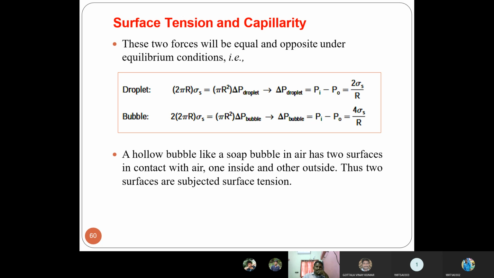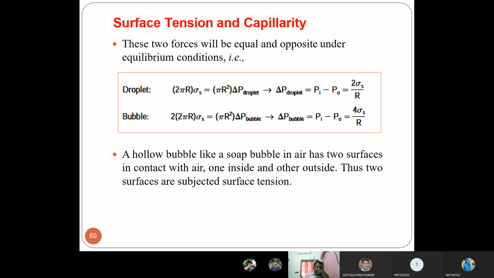Pi gets cancelled, and r square gets cancelled to r, and what is the remainder? 2 sigma s is equal to r into delta p.